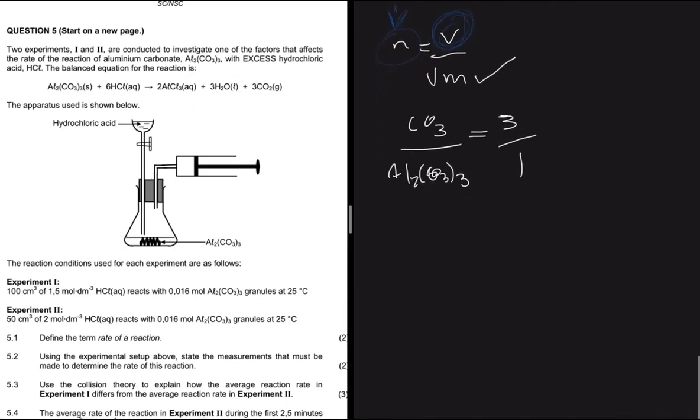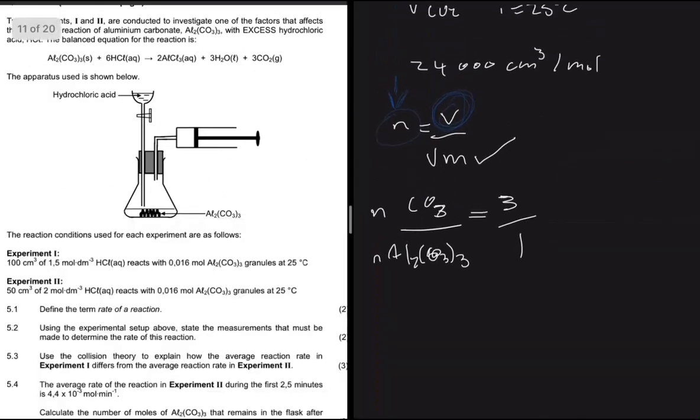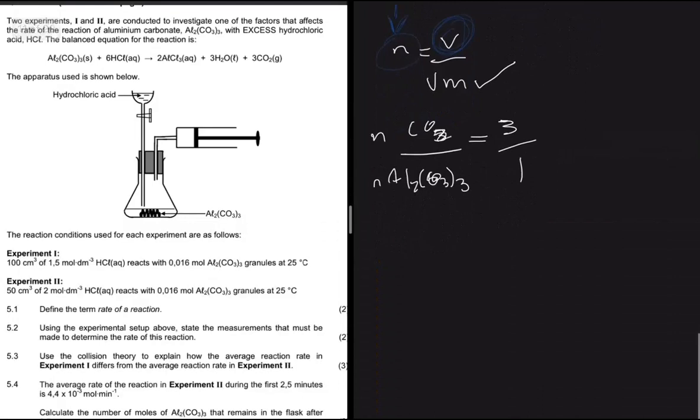So this is the number of moles, this is the number of moles. We can calculate the number of moles of CO2, not CO3, I'm sorry for that, by cross multiplying.